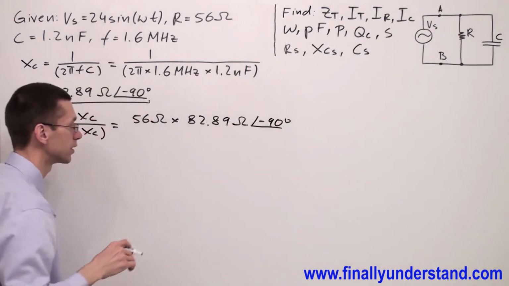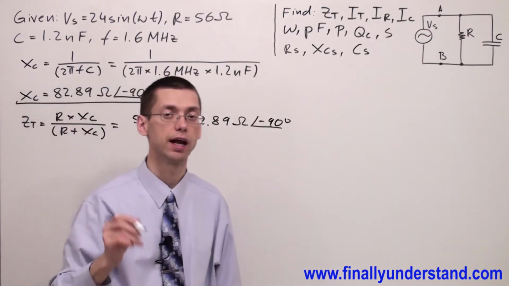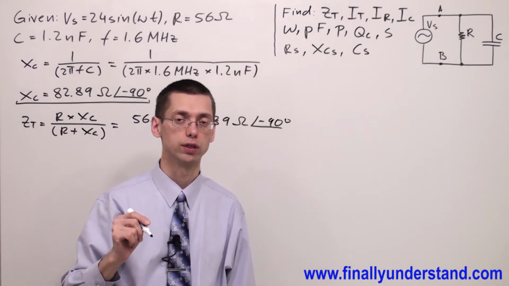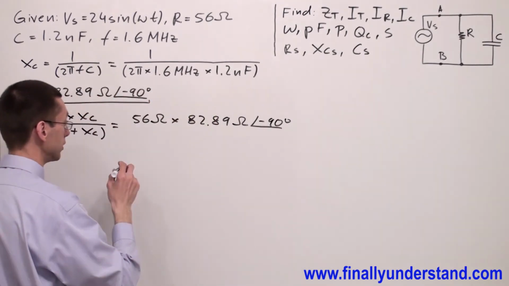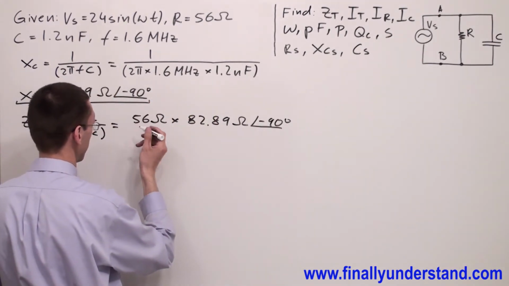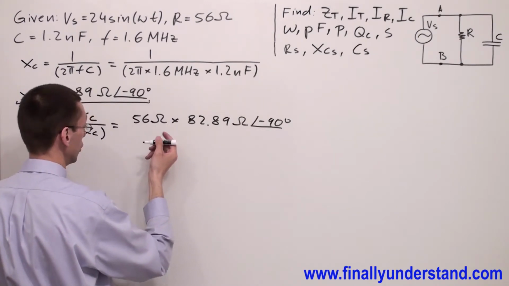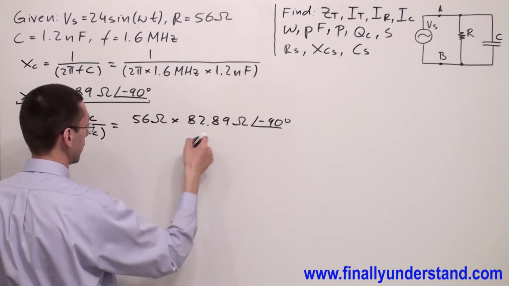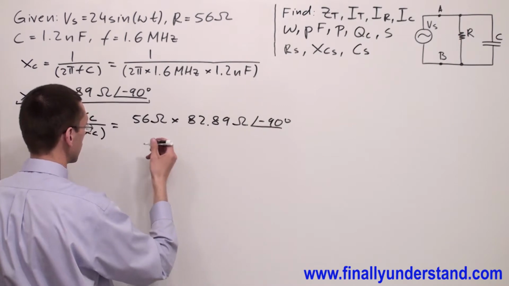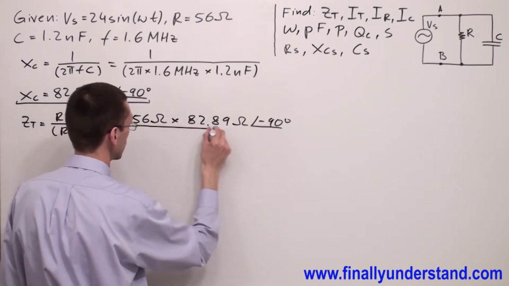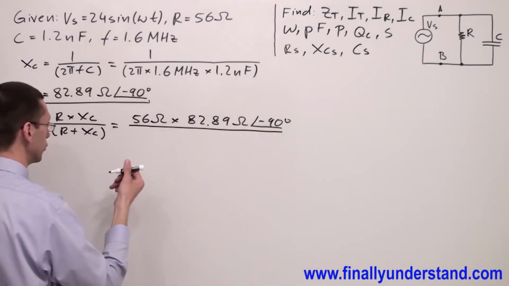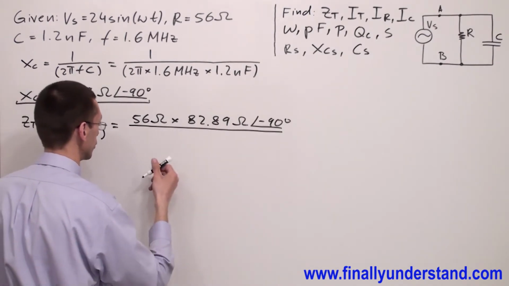Let me repeat myself: X of C always goes with angle of negative 90 degrees, or negative J if you are going to express this complex number in rectangular form, okay? But we are going to deal most of the time with polar form, that's why I'm going to use angles.